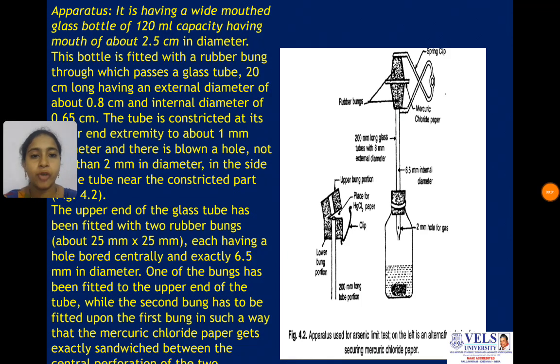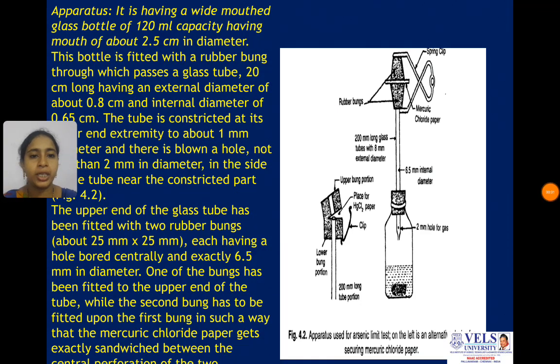The importance of the cotton plug which is dipped in lead acetate is to entrap the gases other than arsine which are produced in the chemical reaction. Especially hydrogen sulfide gas is entrapped by using this lead acetate cotton plug.